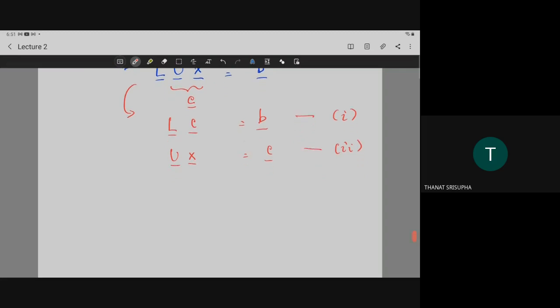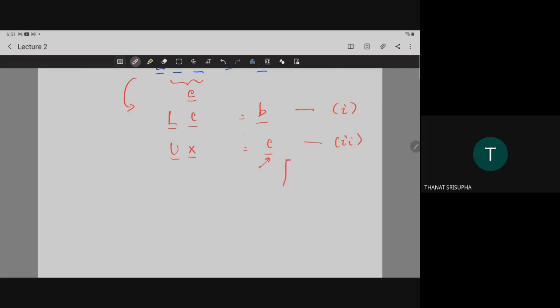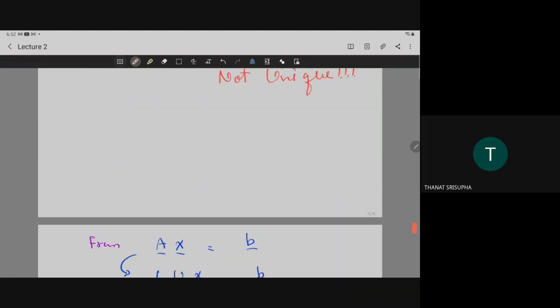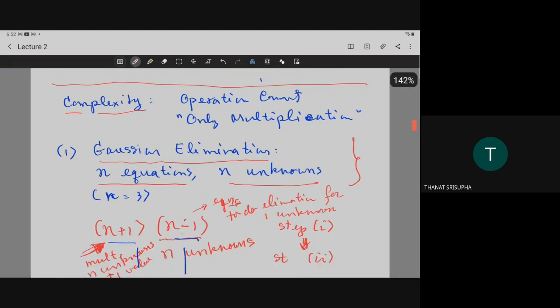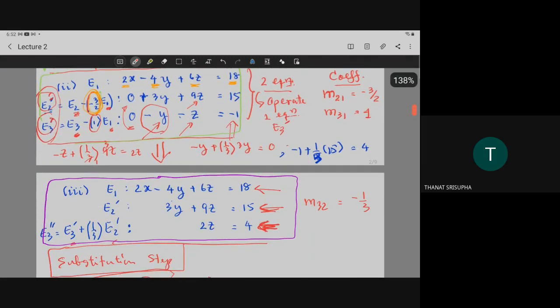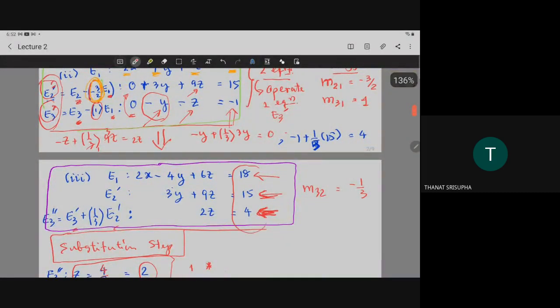And if we use the result from the Gaussian elimination above, this c is the value that we have after the Gaussian elimination in equation number 3. If you look back, this c is here. Sorry, I go back a bit further. So this is what we have, and this equation is the same as U multiplied with x equals c.